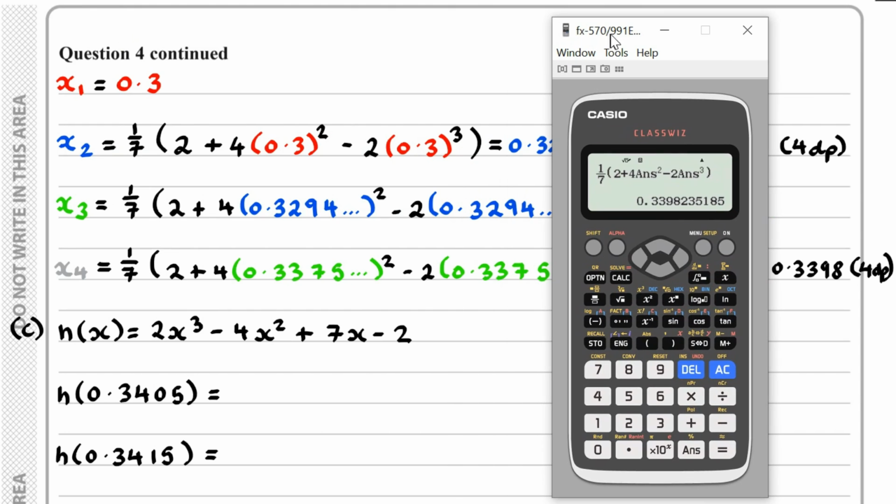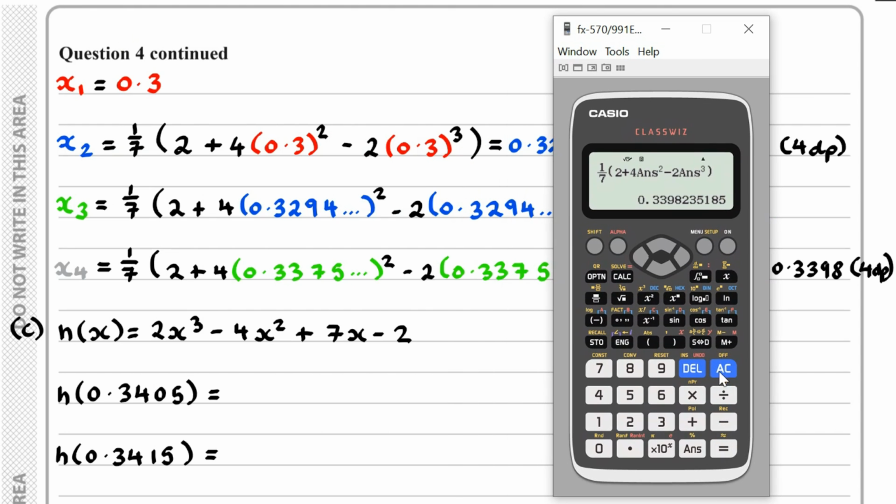With our calculator, we type in 0.3405. This is now stored in the answer function. We've got 2 lots of this cubed minus 4 lots of this squared plus 7 lots of this minus 2.